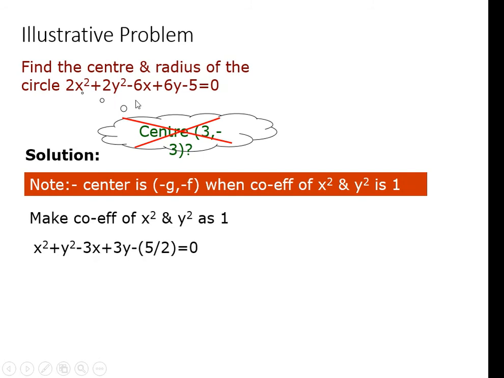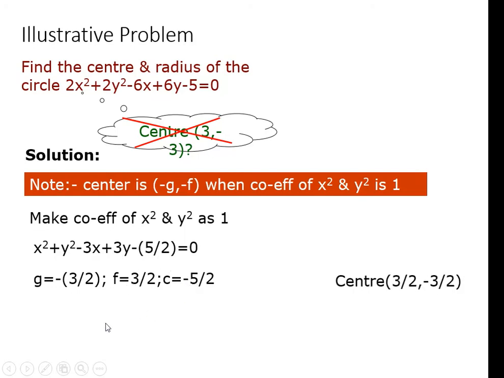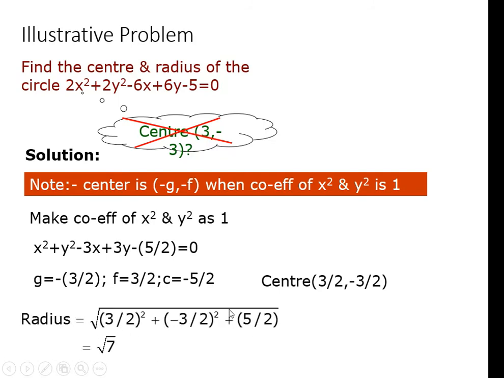So divide by 2, we get minus 3x plus 3y minus 5 by 2. Now g is equal to minus 3 by 2 and f is equal to 3 by 2, c is equal to minus 5 by 2. Then the center is 3 by 2 and minus 3 by 2, that is minus g and minus f, and the radius is found by calculation, and this we got as the answer.